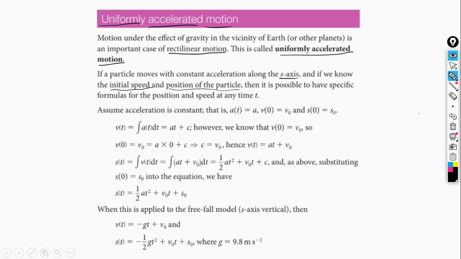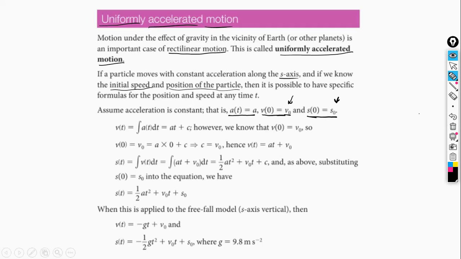So basically here they're showing us how we can derive formulas for velocity and position based on the fact that you have uniformly accelerated motion. So what does that mean? Well, if the acceleration is constant, then we can say that a of t is equal to a, that the velocity at time 0 is v sub 0, or initial velocity, and that the position at time equals 0 is s sub 0.